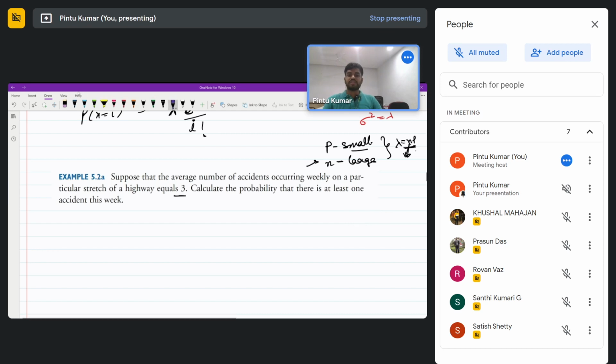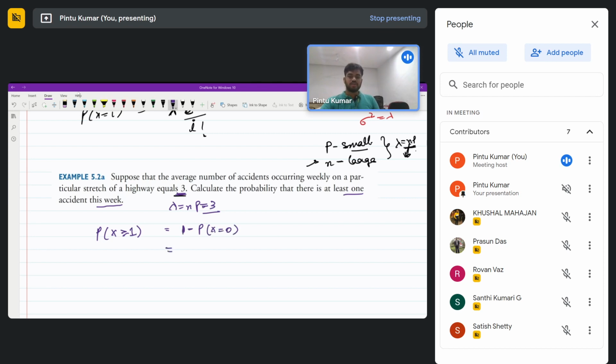So in this question, we are given that lambda, or the np value, is 3. We have been asked to calculate the probability that there is at least one accident this week. So we have to calculate the probability that x is greater than or equal to 1. This is the same as 1 minus the probability that no accident happened.